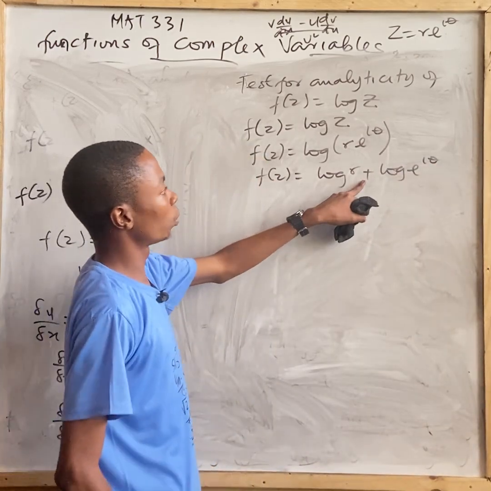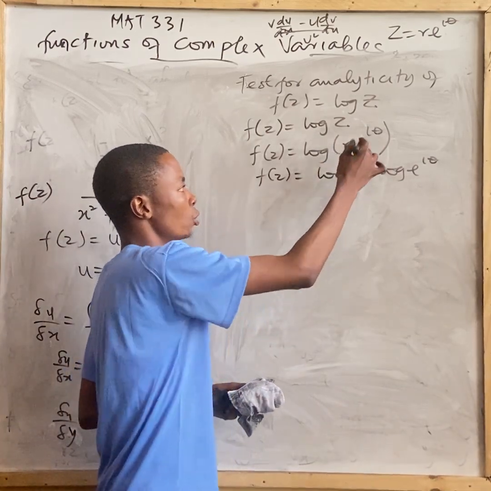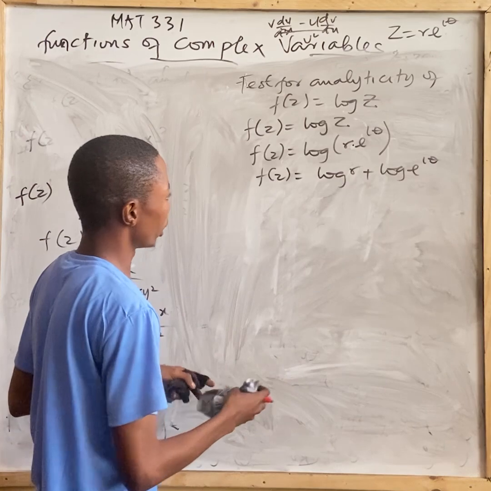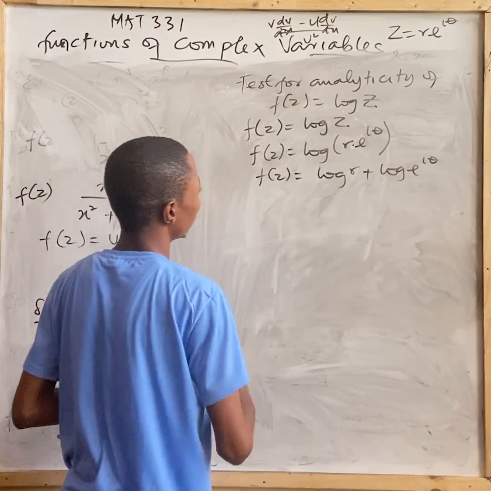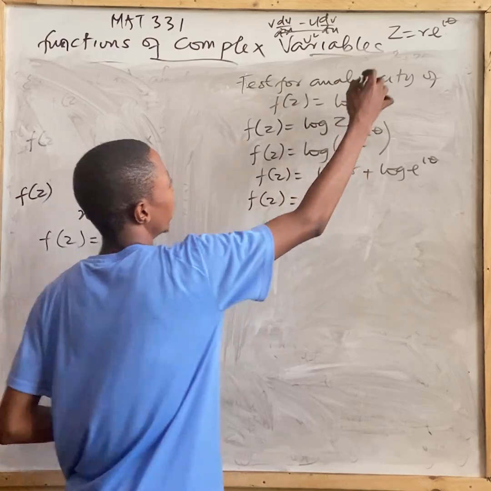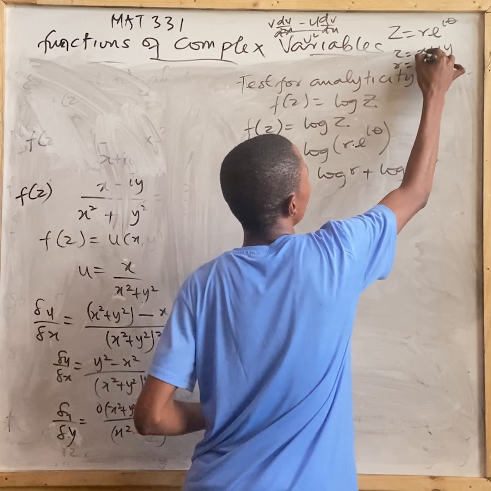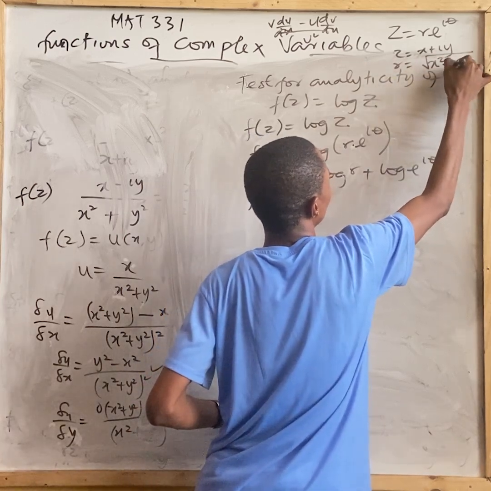So f of z will now be log r plus log e to the i theta. Why do I introduce plus there? From the properties of logarithm, log of a times b is log a plus log b. So we separate them like that. If z equals x plus iy, what is r? r will be the square root of x squared plus y squared.